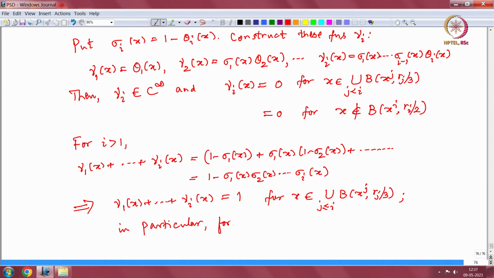In particular, for x in B(x_i). You will also know, several times it is said use partition of unity, use partition of unity, but when you sit down and try to do it, there are many technical difficulties.